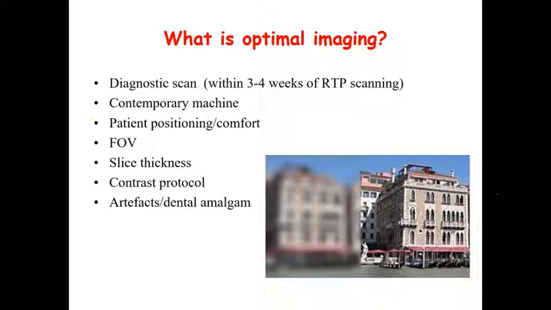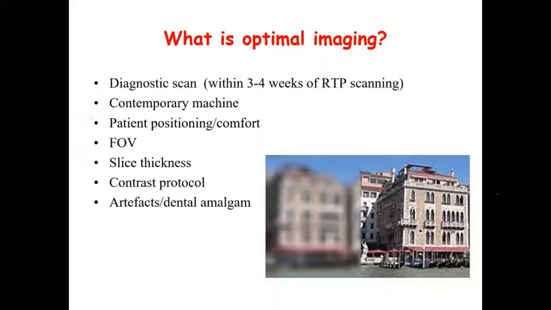So what is optimal imaging? Optimal imaging would be when you first take a diagnostic scan from a contemporary machine, and that too within, say, about a month of the planning procedure that you are contemplating. The patient during this scan should be in a comfortable position, so that your anatomy is not disturbed.